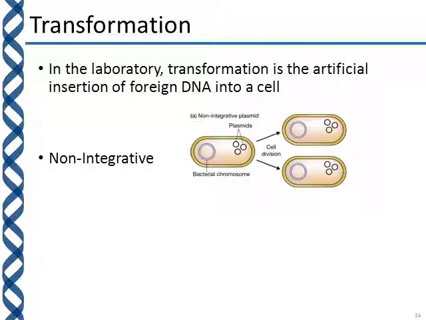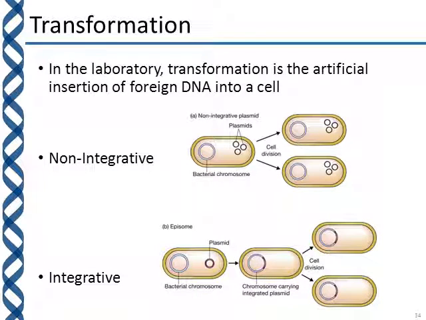Even after cell division, these two sources of DNA remain separate. The second mode is integrative, and here we show that the plasmid is taken up by the bacteria and the chromosome incorporates the plasmid, and after cell division, this chromosome carrying the integrated plasmid is duplicated and divided into each cell.